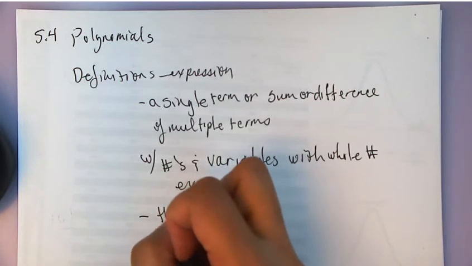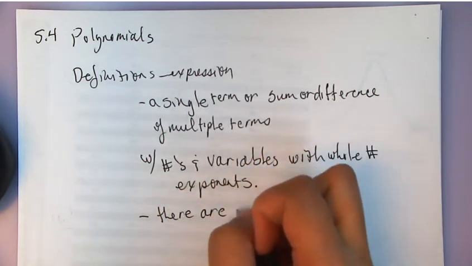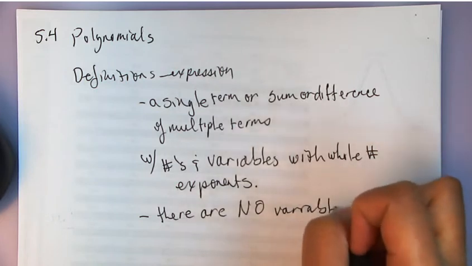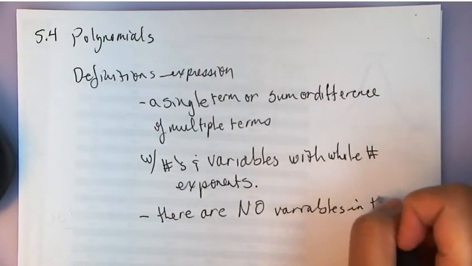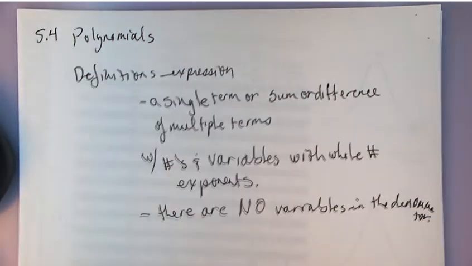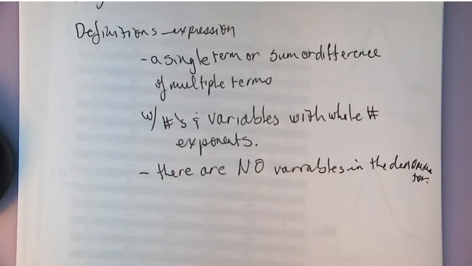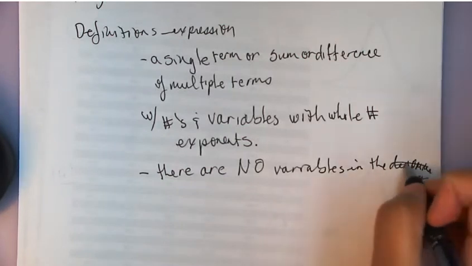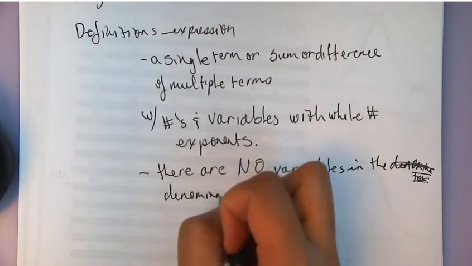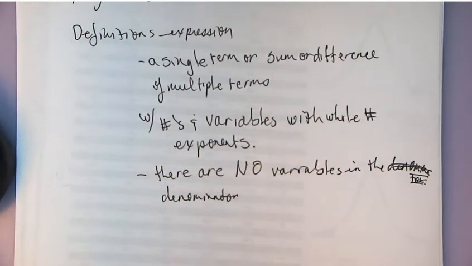There are no variables in the denominator. Sorry, I went blank there. I do apologize. There are no variables in the denominator. And for those of you who cannot read that, let's write it over here. Denominator.